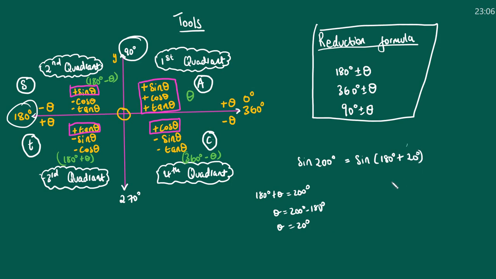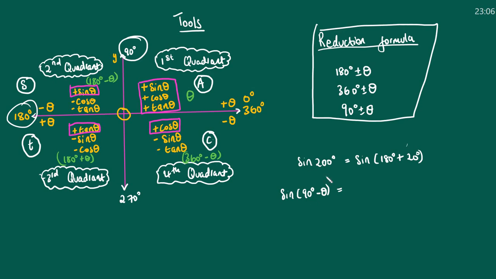Okay, so let's remember that. If you have sine of 90 degrees minus theta, let's remember that the ones with 90 minus are our co-ratios.